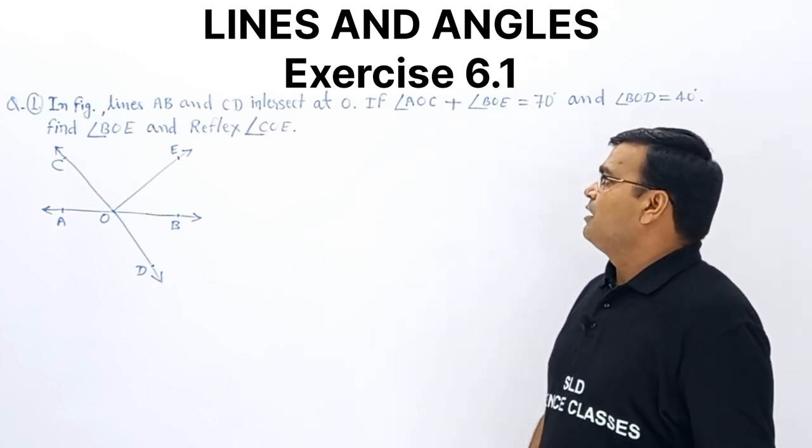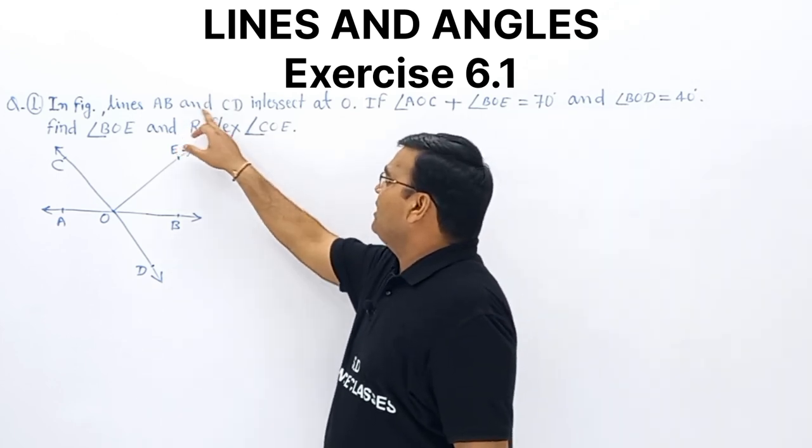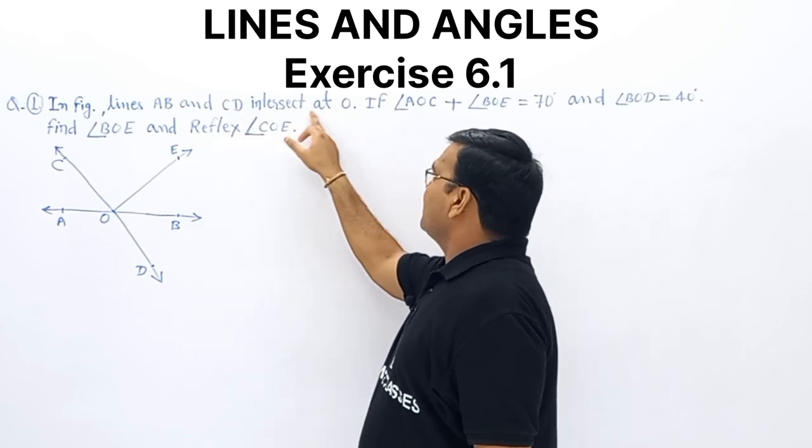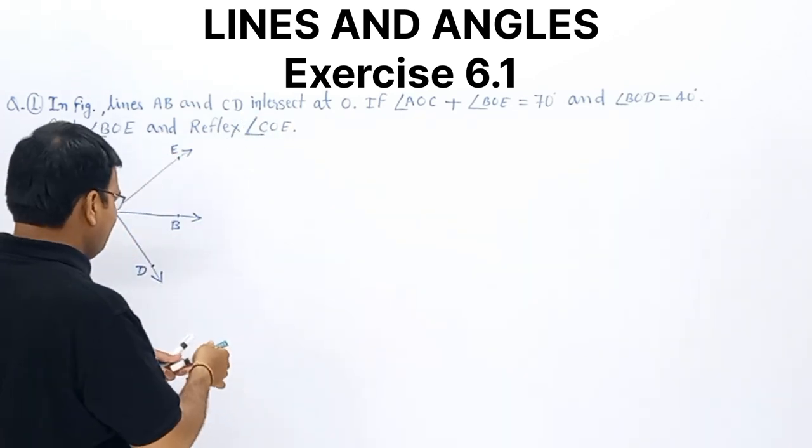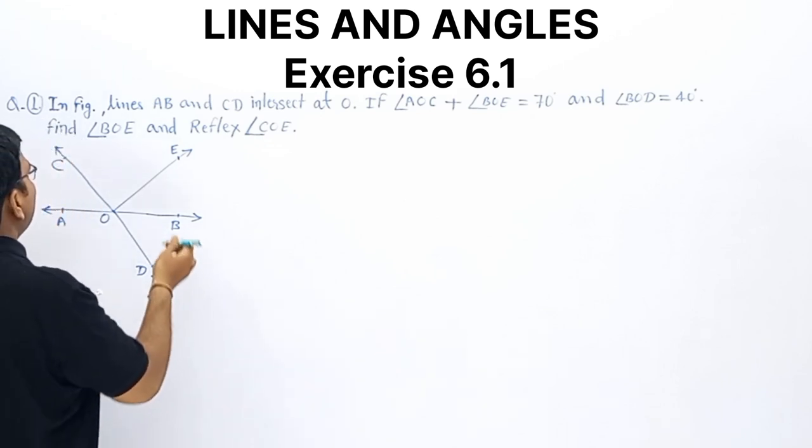In the figure, lines AB and CD intersect at O. Observe, once you understand, there will be no problem. What is the given?